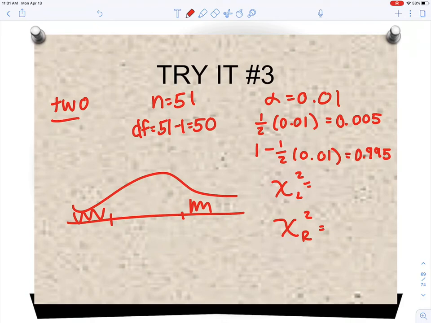So if I look at 1/2 times 0.01, I'm looking at 0.005. And I'm looking at 50, 79.490.